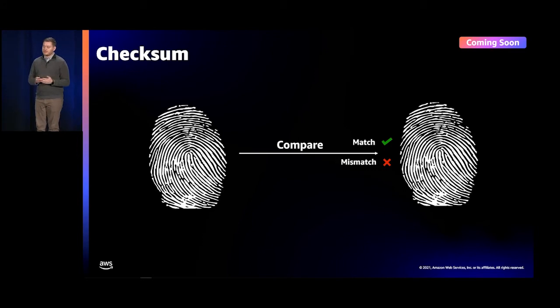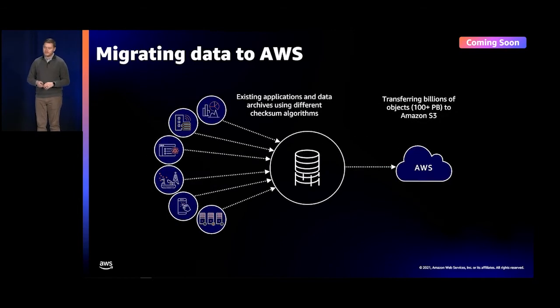Now that you know about checksums, let's talk about the new integrity checking capabilities in Amazon S3. But first, let's cover the customer use cases that prompted us to build these features. To start, we have a number of customers who are migrating their entire on-prem data infrastructure or digital assets stored on other clouds to AWS.